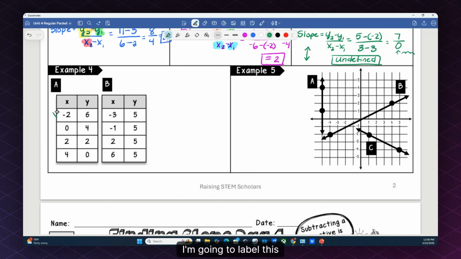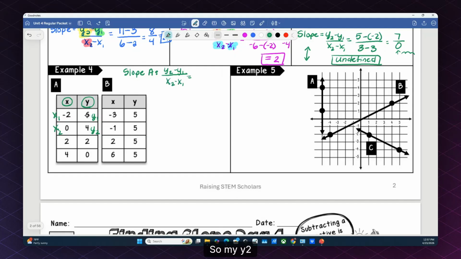Okay, I'm going to label this x1, y1. My x is in this column, my y is in this column. I labeled this 1s because it was the first point I came to. That's the whole reason. No mystery, no deep thinking. It's just the first one. So we're going to find our slope of A. Okay, that's going to be different than B. So I'm going to write my equation. I've got y2 minus y1 divided by x2 minus x1.